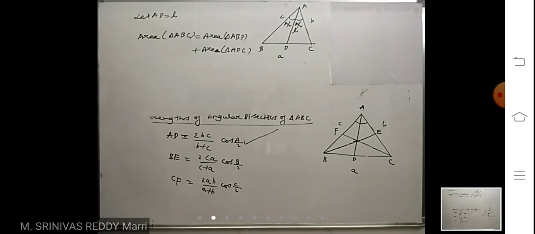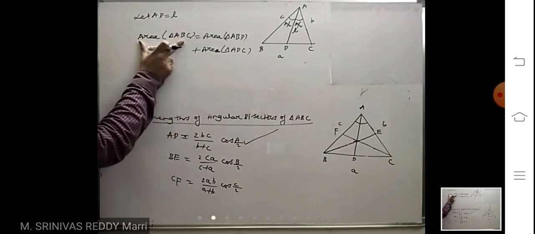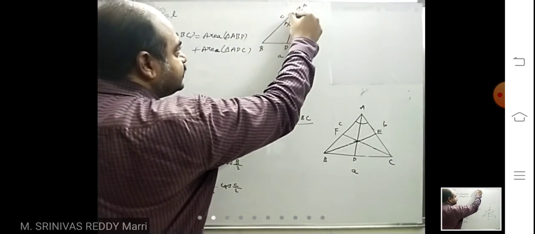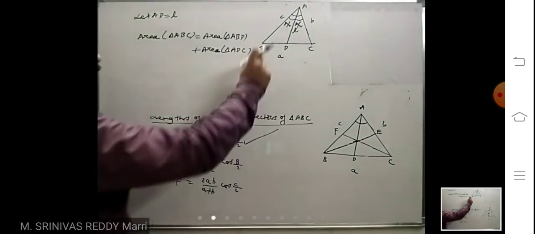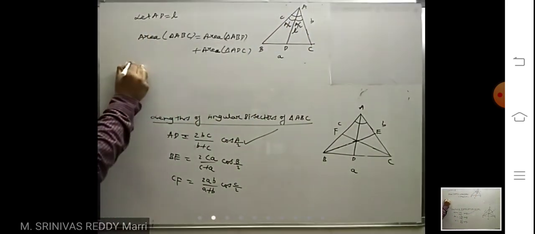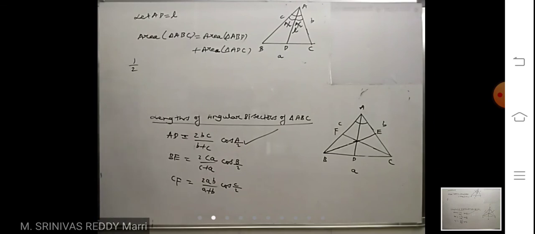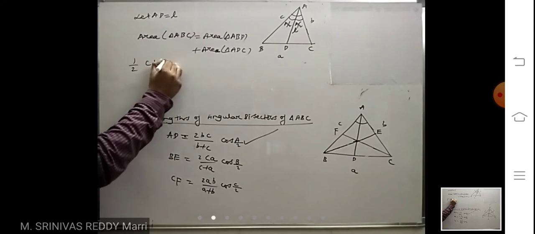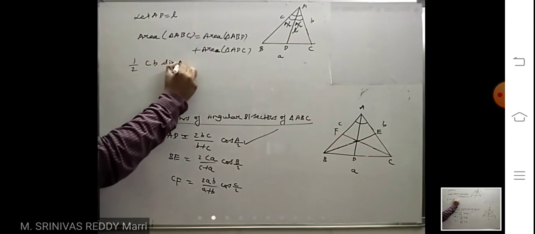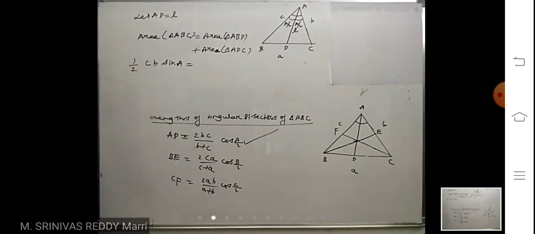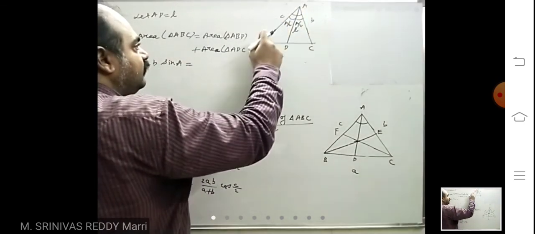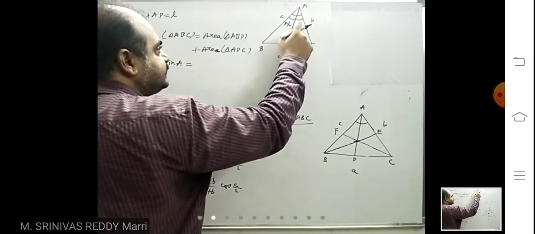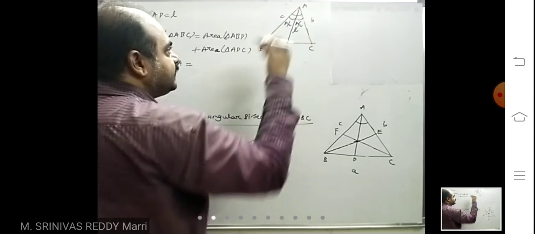The area of the complete triangle is the area of this triangle plus the area of this triangle. Now the area of triangle ABC: this side is b, this side is c, and the complete angle is angle A. So the area is half into c into b into sine A, half the product of two sides into the sine of the angle between them. Now the area of triangle ABD: side AB is c, side AD is L, and the angle between them is A by 2.